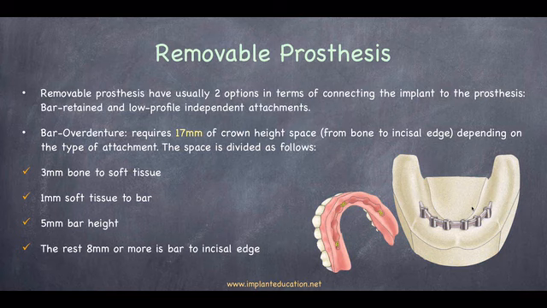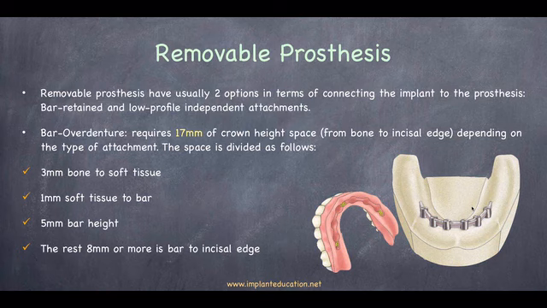You will have to convert them to another prosthesis like a locator overdenture because it requires less vertical restorative space. But if you know this number, then you would easily be able to do alveoloplasty on the day of the implant placement, just before you place the implants. And now when you place the implants, you will have the minimum required for a bar overdenture or even a little more.